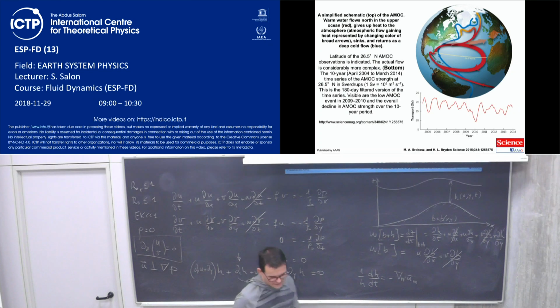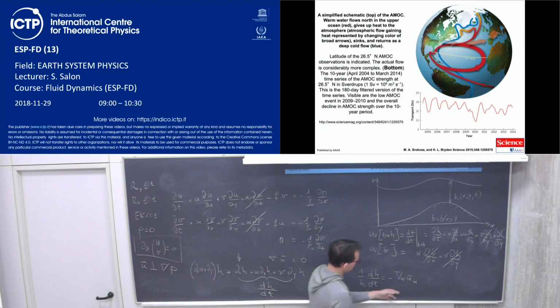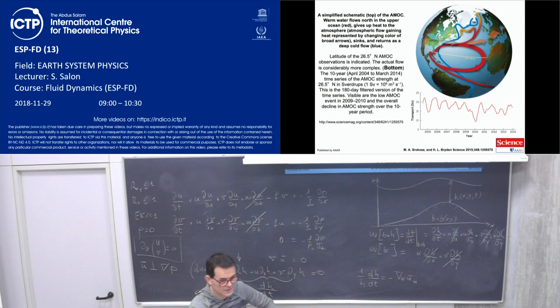So the idea is that if I have convergence of fluid, okay? Convergence means that this term here is negative, because by definition convergence is negative. So I have convergence of fluid on the horizontal plane, which means that to conserve mass I have to go up or down, it depends.